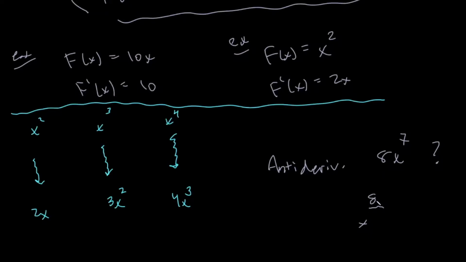Does that make sense? Because the 8 would have come down, you get 8x to the 7th. So this is kind of the idea here, and we're going to talk about formally how we're going to make sure this always works. So do you kind of get the idea here? This is the function that when you derive it gives you 8x to the 7th.